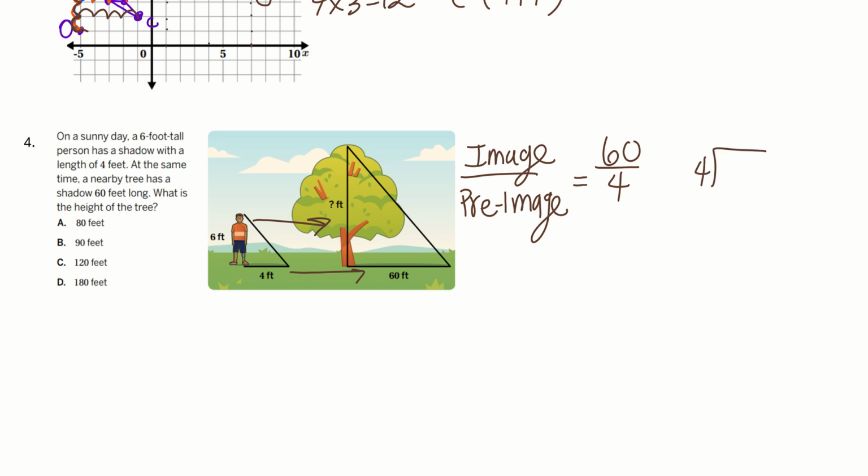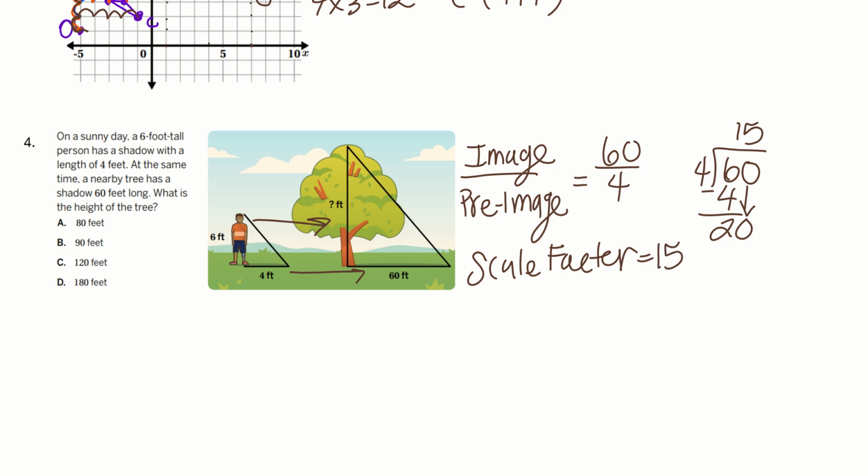So I'm going to go 4 into 60, just in case we don't have a calculator. So 4 goes into 6, not 2 times. I don't know where I got that from. Not 2 times. 1 time. 4. I get 2 left over. 20. I get 15. Okay, so this means my scale factor equals 15.